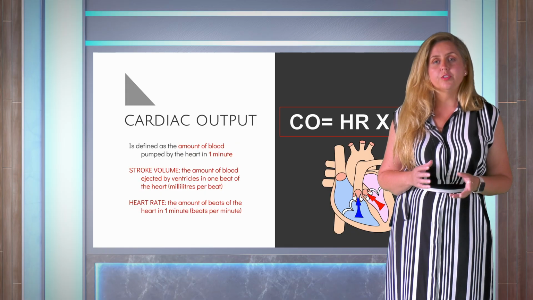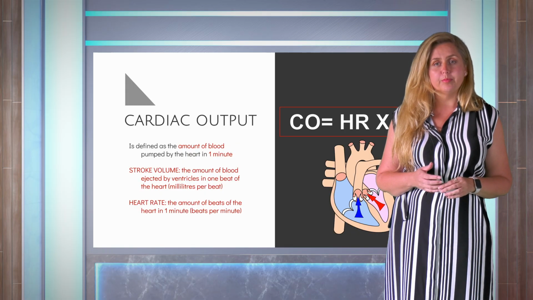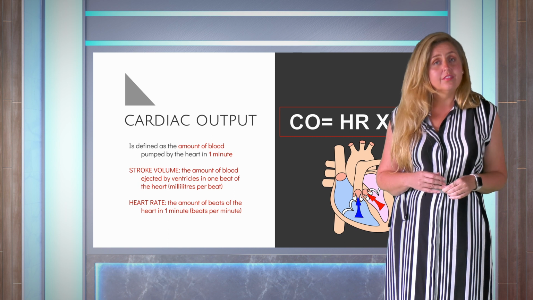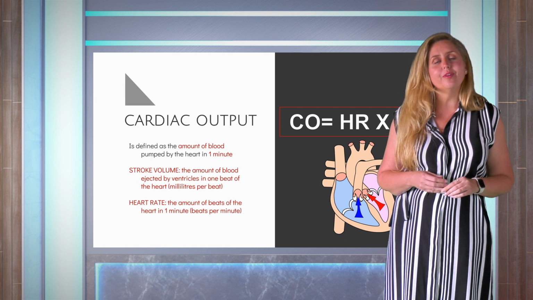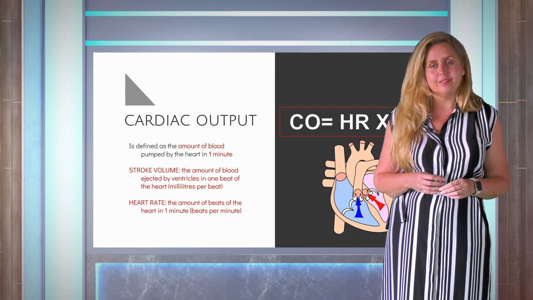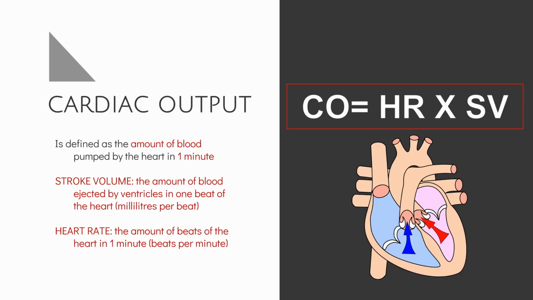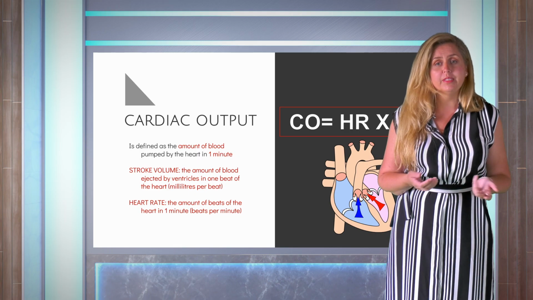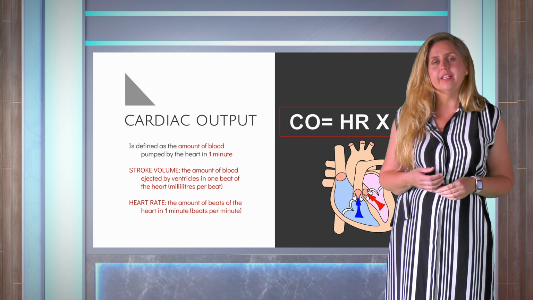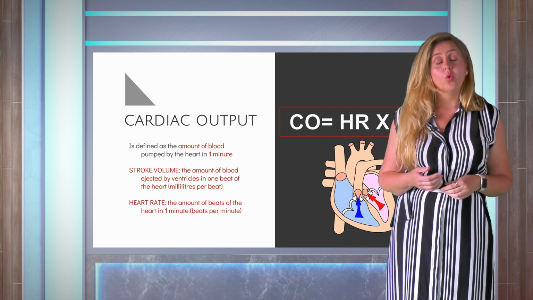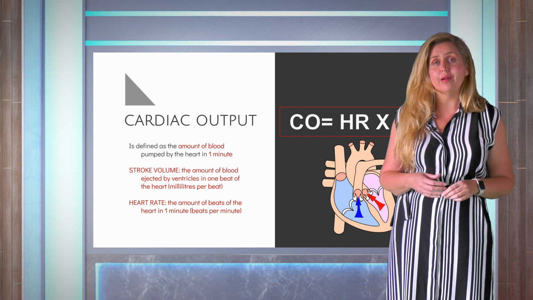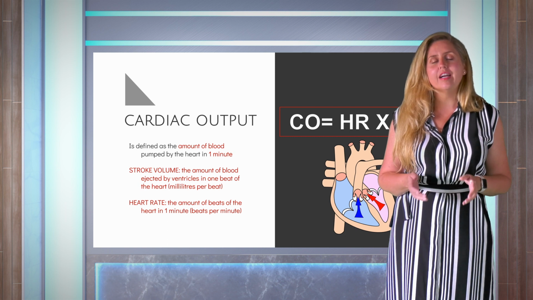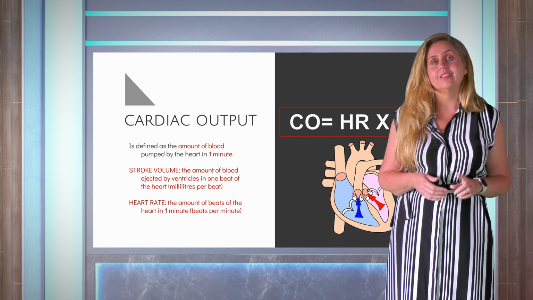Our normal heart rate is around 70 beats per minute, and thank goodness for the sum, stroke volume is around 70 mils per beat. So we can say the average person's cardiac output is 70 times 70, 4,900 mils per minute, or easier, 4.9 liters per minute. Or even easier, if we round it off, around 5 to 6 liters per minute at rest.